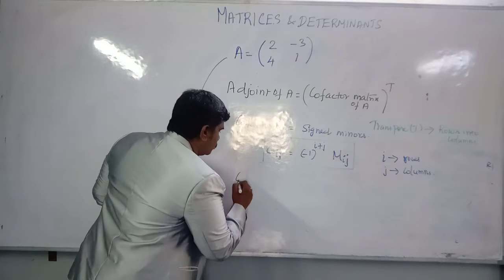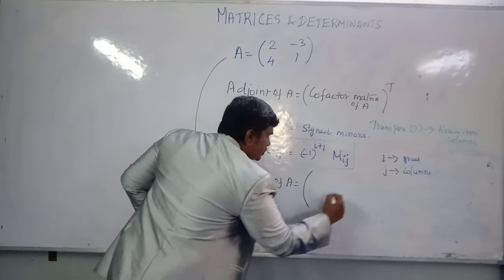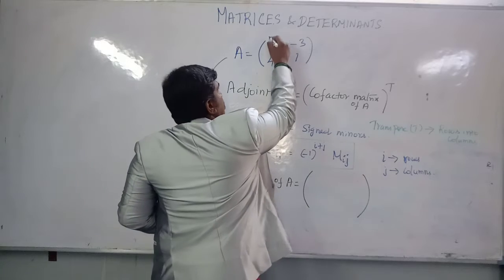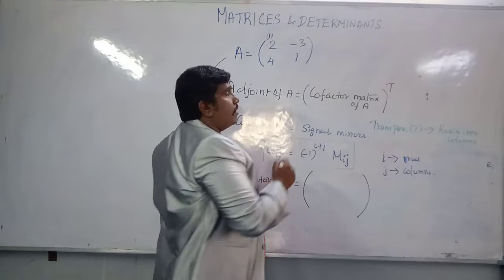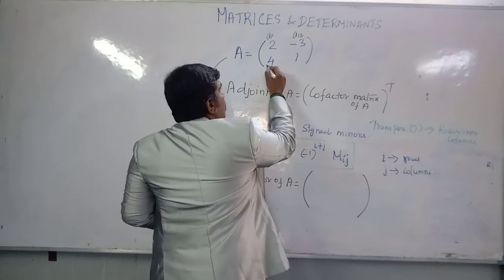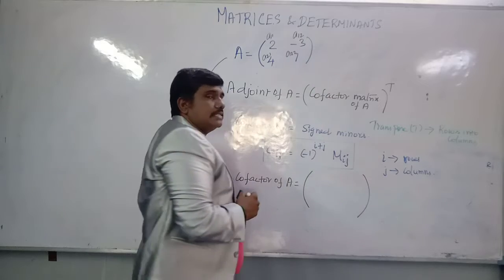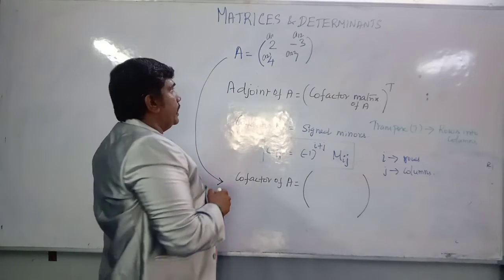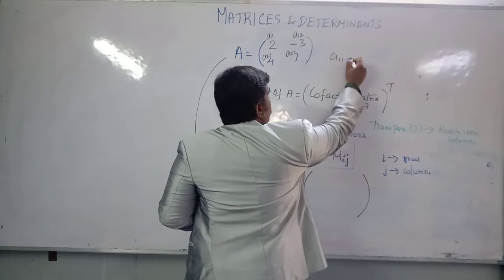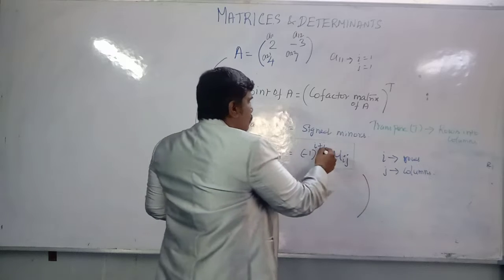Since we have 2 rows and 2 columns, this element is A11, this is A12, that is first row second column, this element is A21, second row first column, and this is second row second column. If you consider A11, here i takes value 1 and j takes value 1.